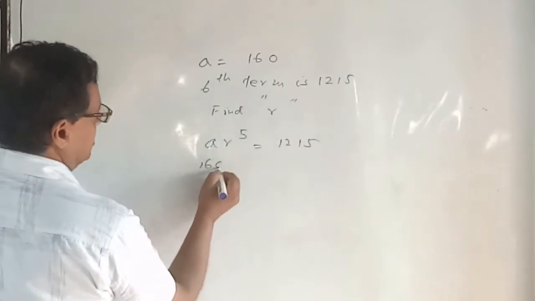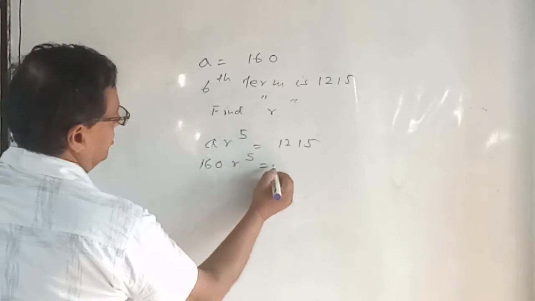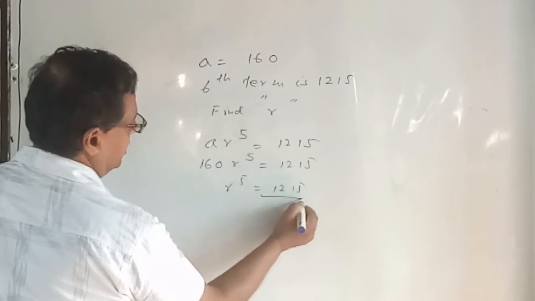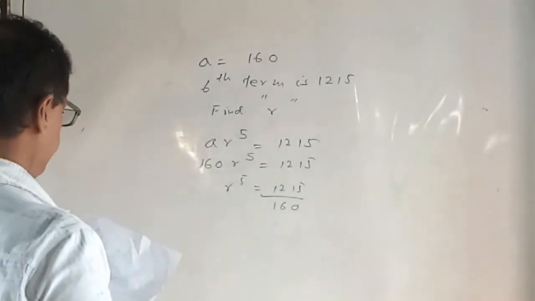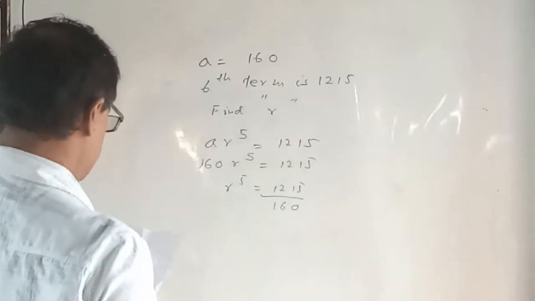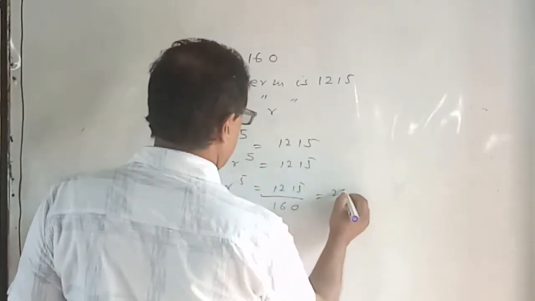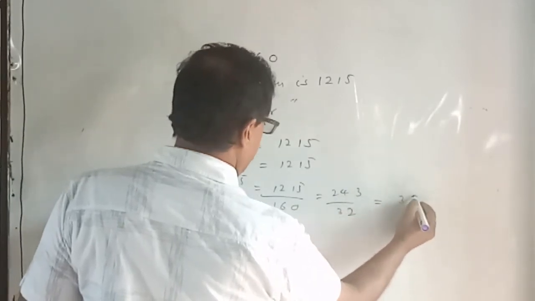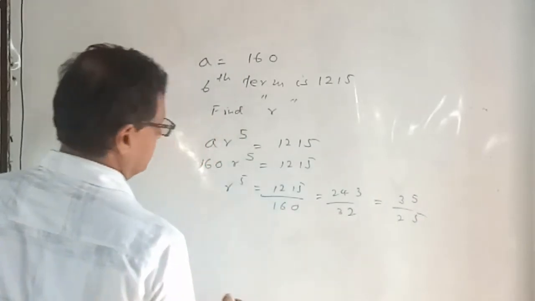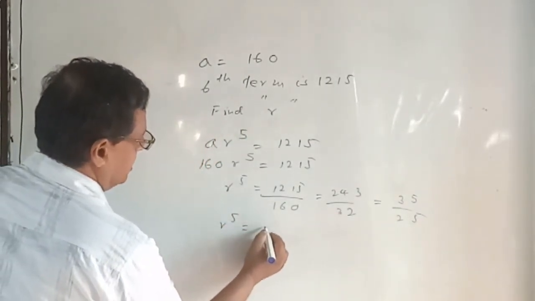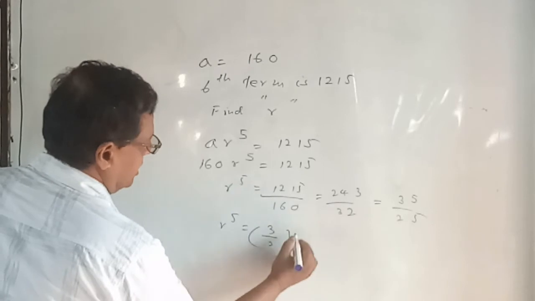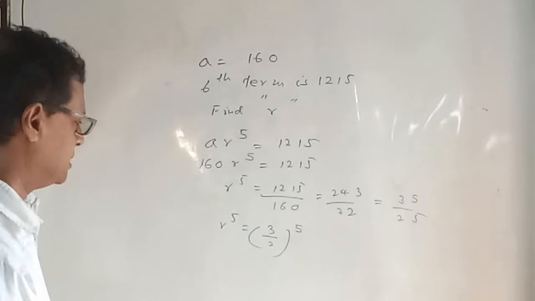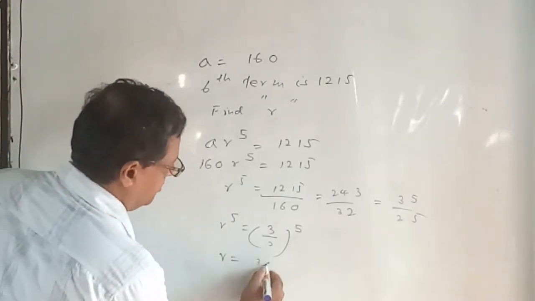Now a is 160, so r to the power 5 equals 1215 divided by 160. You can simplify this: 243 upon 32. That is 3 to the power 5 upon 2 to the power 5. Now r to the power 5 equals (3 upon 2) to the power 5. As the power is an odd number, you don't get plus or minus. Therefore, r equals 3 upon 2.